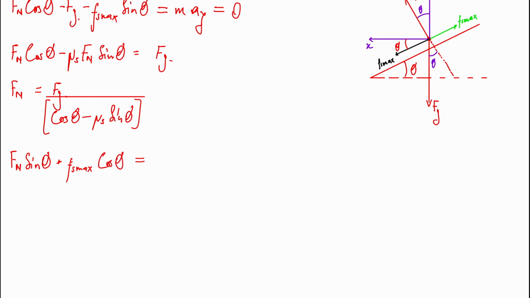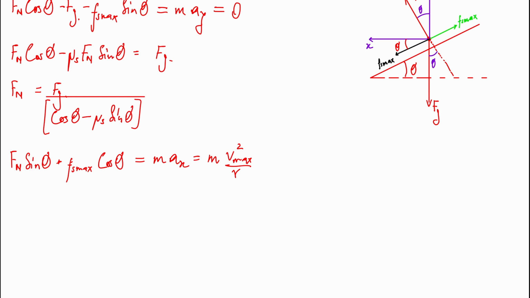Since those are the only forces in the x direction, they are the ones responsible for the acceleration in the x direction. But what kind of acceleration is in the x direction? Well, that is the centripetal acceleration.